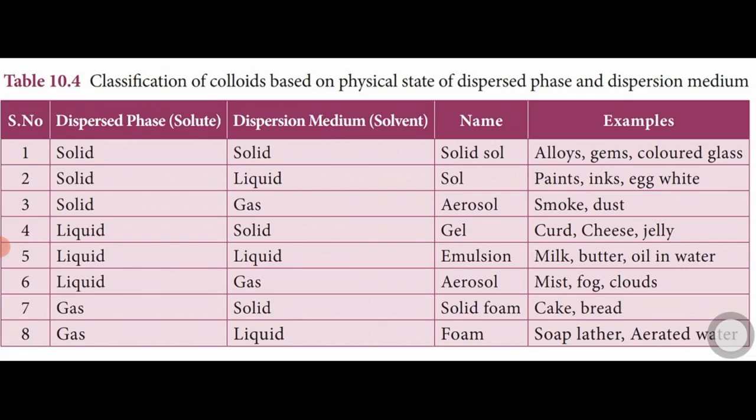These are the classification of colloids based on the physical state of dispersion phase and dispersion medium. There are 8 combinations available, that is given in a tabular column.